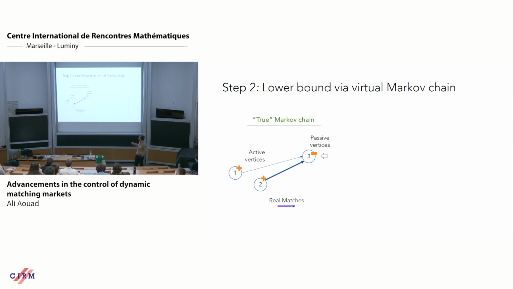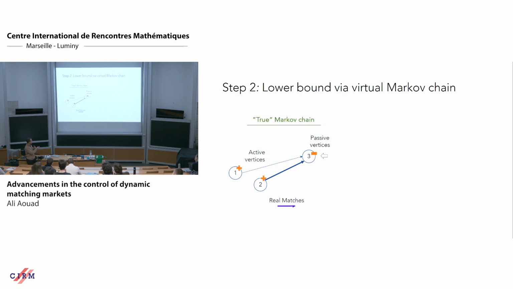This lower bound, if you followed through this morning, is very similar in spirit to what Amin presented. There is a true Markov chain describing the process, where each time a passive vertex pops up, there could be multiple active agents who want to match because it fits in their compatibility set. If this happens, that's bad. This is a conflict, a contention. So we need to resolve that contention in our analysis.